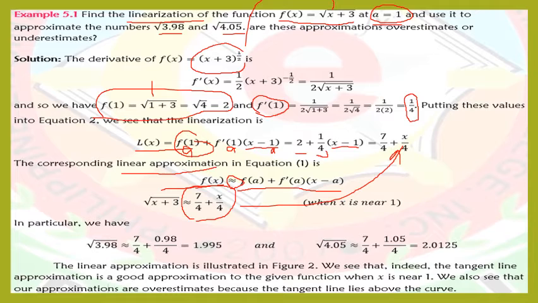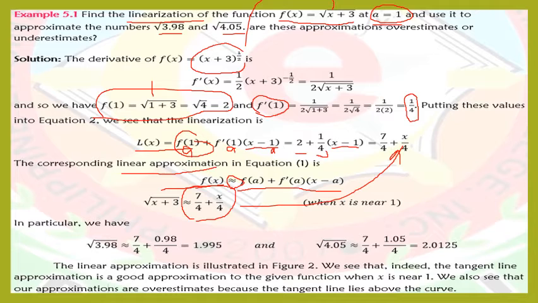Okay, when x is near 1. So, in particular, class, gamitin natin yung result ng linearization na yun sa numbers na square root of 3.98 at saka 4.05. So, tingnan natin if yung approximation ba natin dito ay mag-overestimate or underestimate.